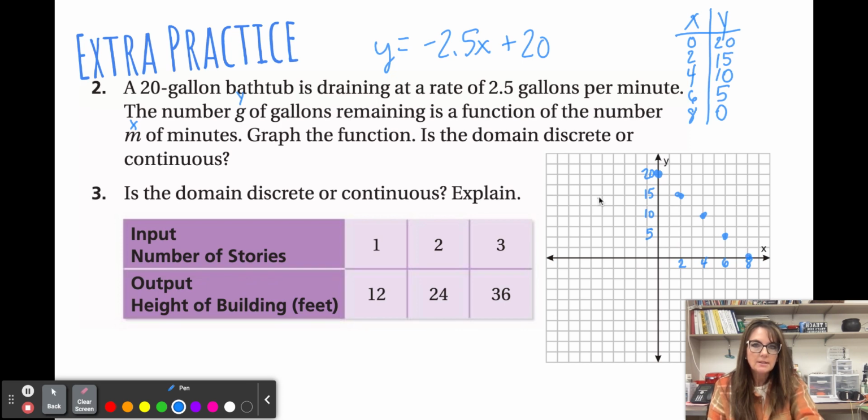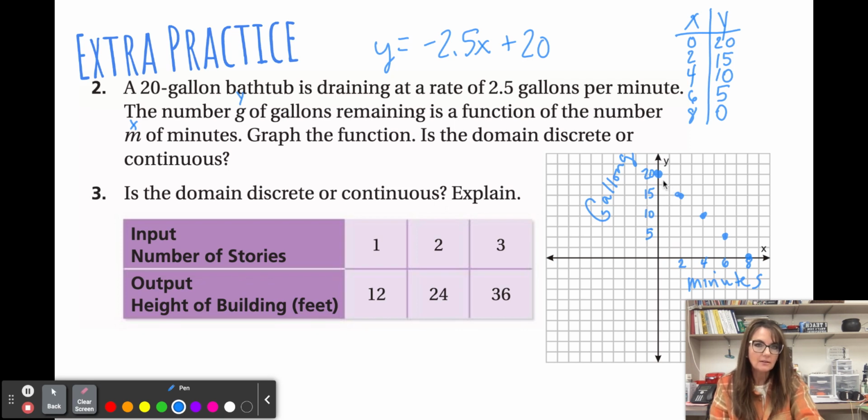And remember that this is the gallons, right? And this is minutes. All right. So what do you think? Does it make sense? Would I know how many gallons I had at 1 minute, if I were to look at this place on the X and travel up to meet the line?